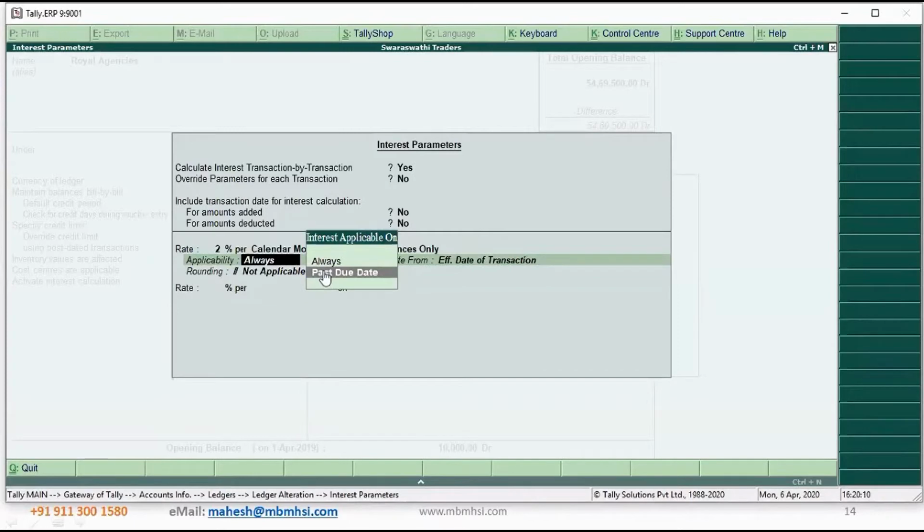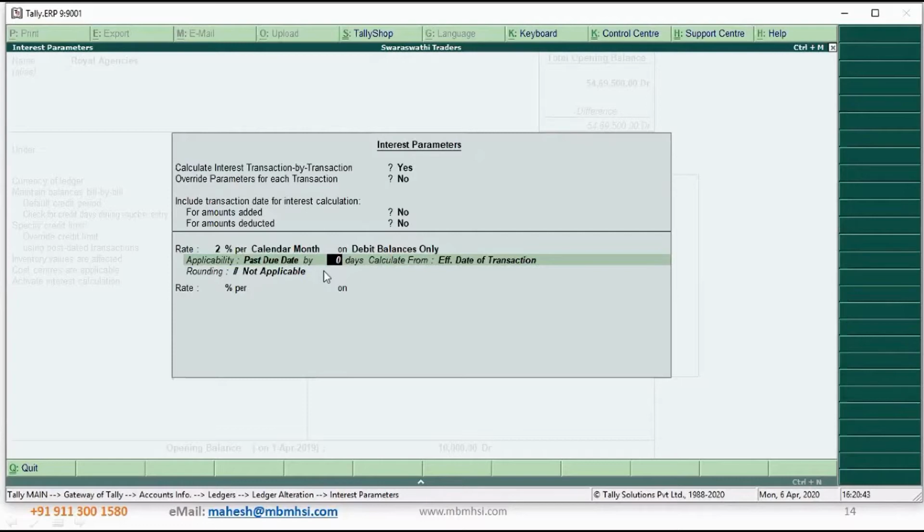Correct? Next, is there any grace days you want to allow after due date? In most businesses, people allow 2 to 3 days of grace days because the due date might fall on Sunday, or on some bank holiday, or on a Deepavali day, or genuinely the customers might have some emergency.